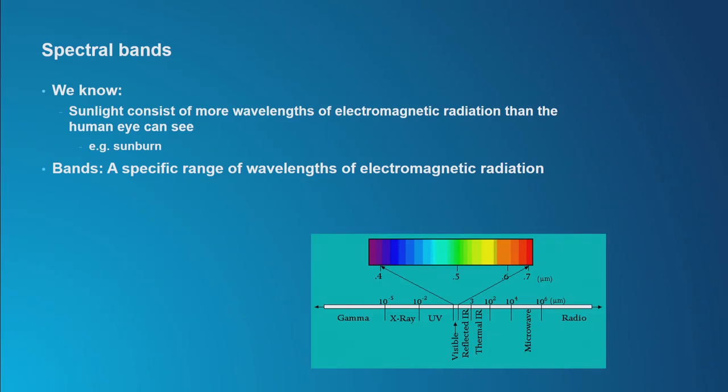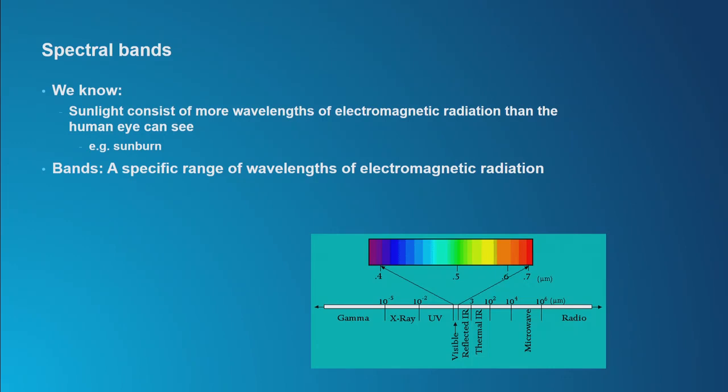You see in the graphic here, we do have the red, green, and blue, the visible light, that is maybe covered by one band, but then we might have a near-infrared band, an infrared band on the one side, and gamma, X-ray, different wavelength ranges basically.